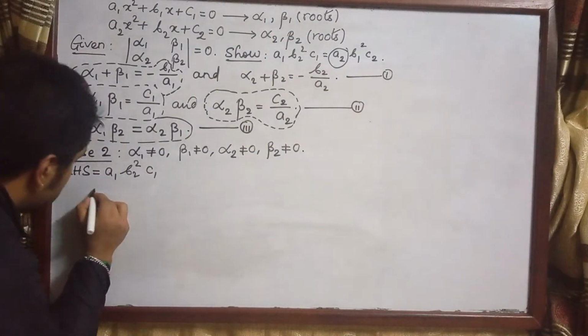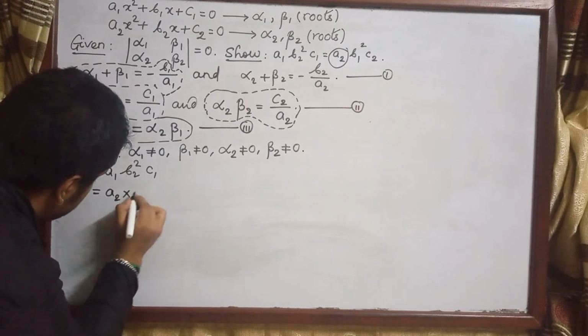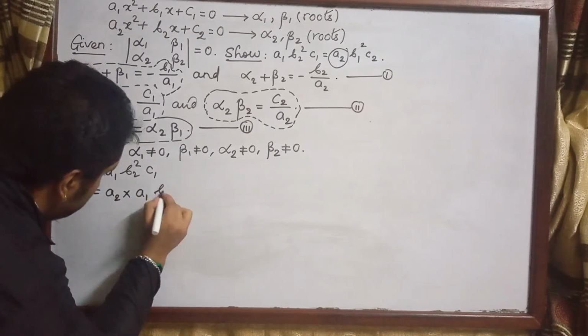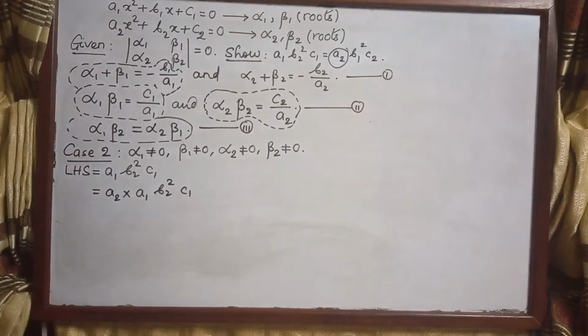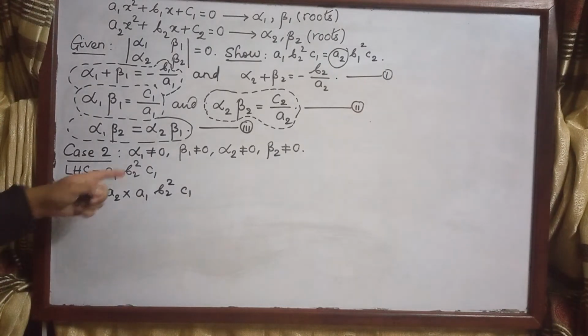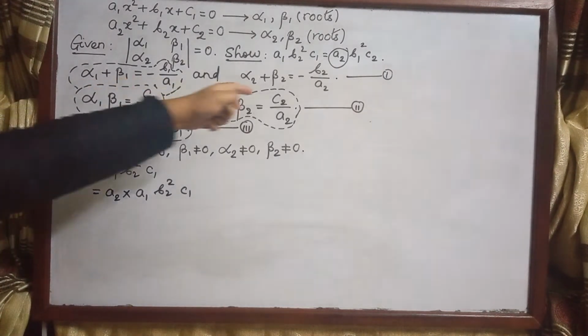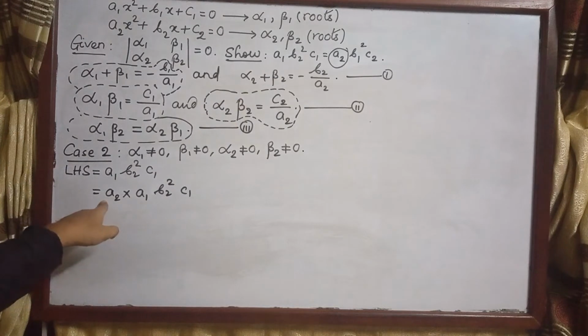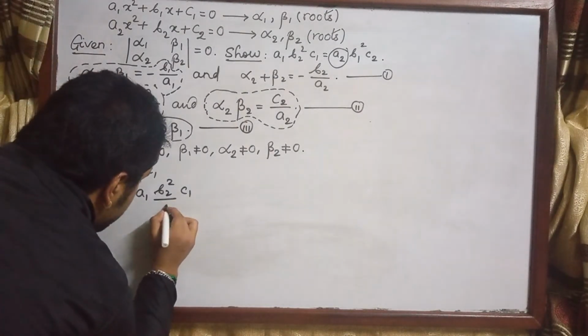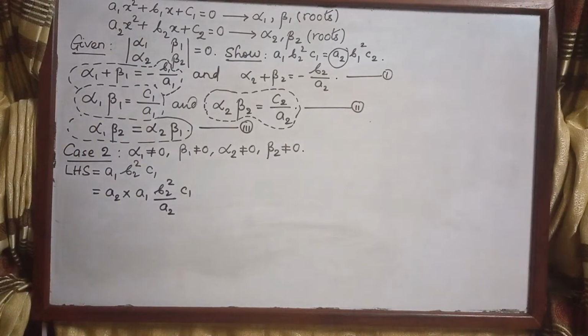So let's multiply this by a2 times a1 b2 squared c1, but we have multiplied by a2, so we're going to have to divide it by a2 again.